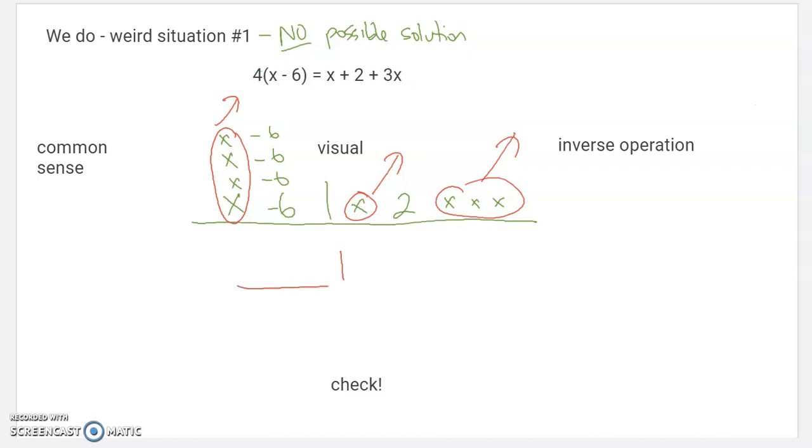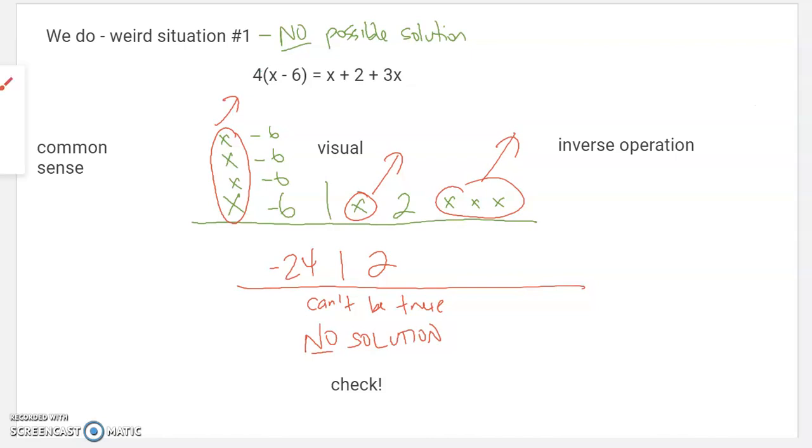And if I do that, I get stuck with negative 24 here and 2 here. That can't be true. It's not possible. And if you end up with something that can't be true, that's an indication that there's no solution. There is no possible value of x that will possibly make this true. Nothing.